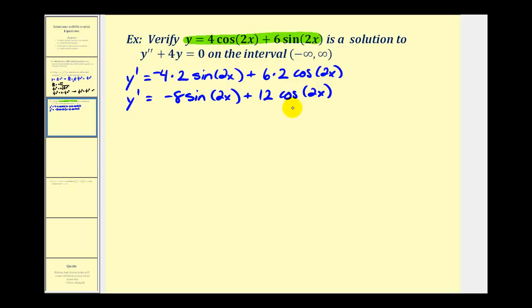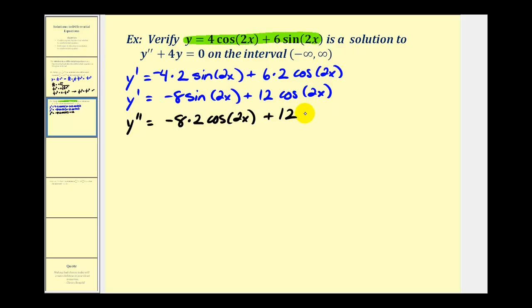And now we need to find y double prime. So y double prime is going to be equal to the derivative of negative 8 sine 2x. So we're going to have negative 8 times the derivative of sine 2x, which is going to be cosine 2x times 2 because of the chain rule. So we have times 2 cosine 2x plus 12 times the derivative of cosine 2x.